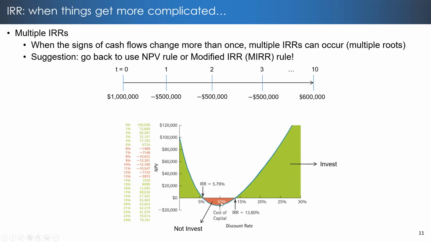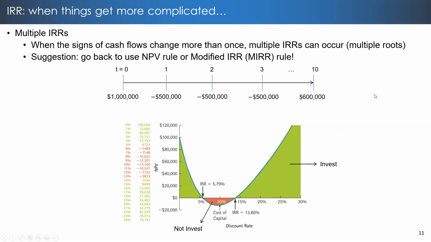And if we have a discount rate which is higher than the second solution, meaning higher than 13.8%, falling in the green zone again, we take the project.